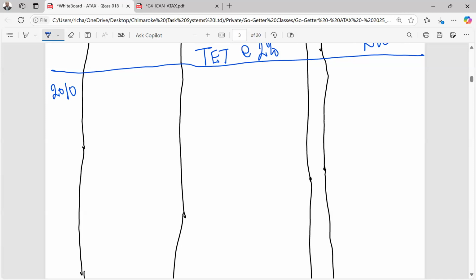2010. Okay, so let's just, a moment. All right, so for 2010, which is the third year, that is when we start doing preceding year basis.